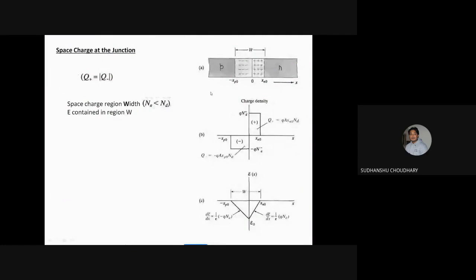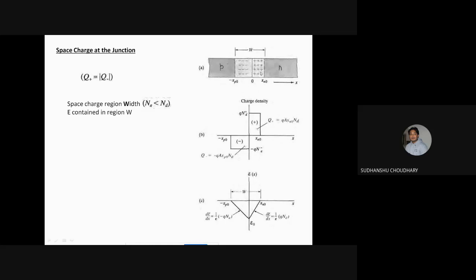Now the next thing, this is an important concept here. When the junction is formed, because of the diffusion of electrons and holes, this space charge region is created, and we have acceptor ion impurities present on the p side and donor ion impurities present on the n side.